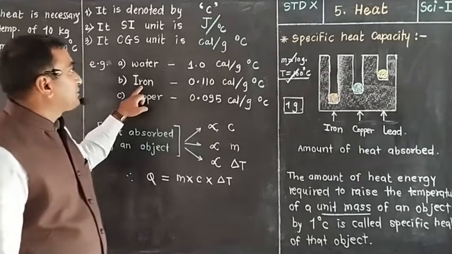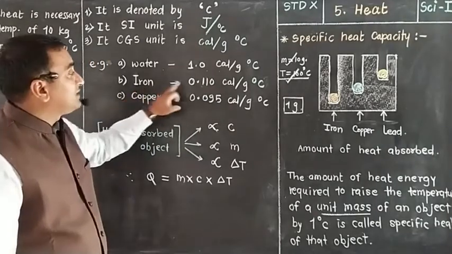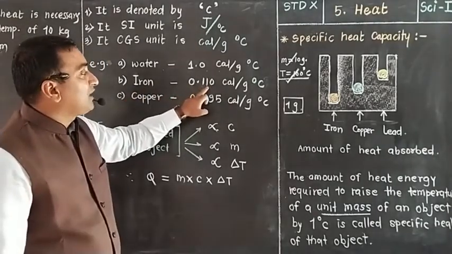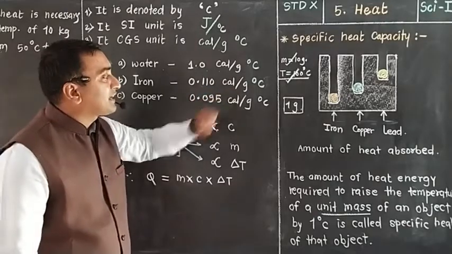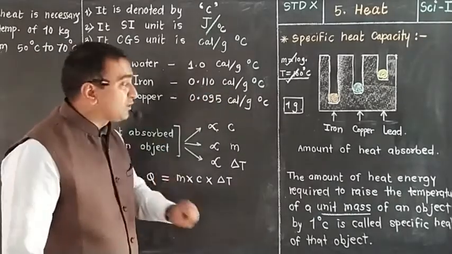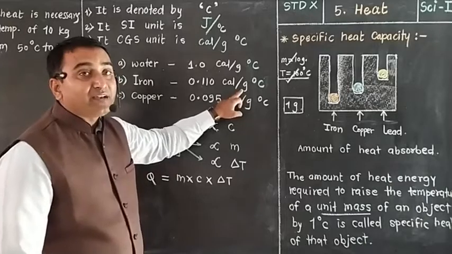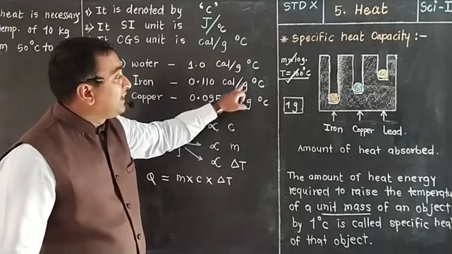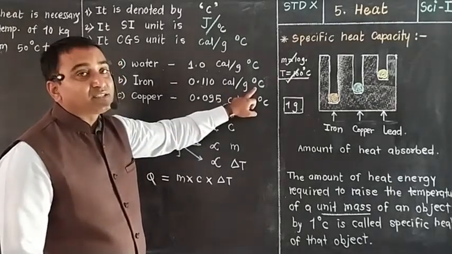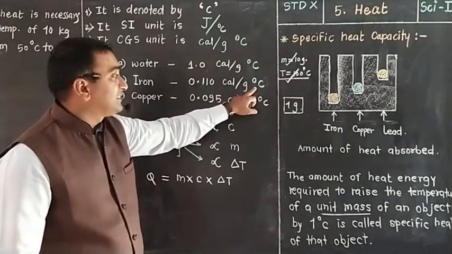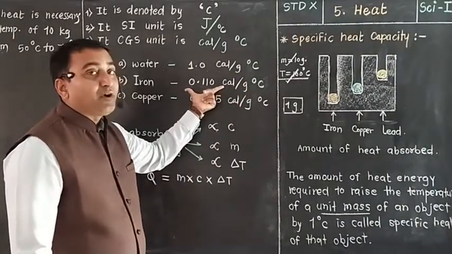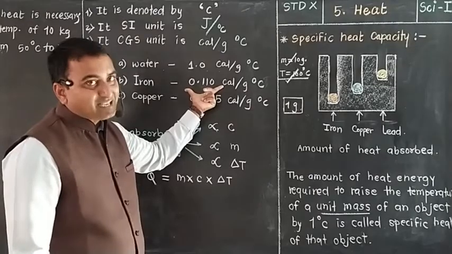What is the specific heat capacity of iron? It is 0.110 calorie per gram degree Celsius. Means what? If you take 1 gram of iron and want to increase the temperature by 1 degree Celsius, then 0.110 calorie of heat is required.